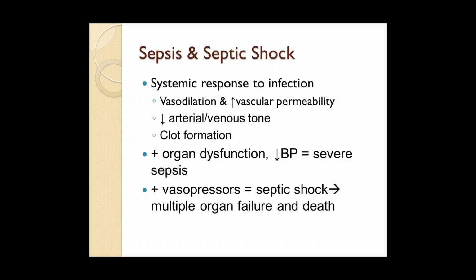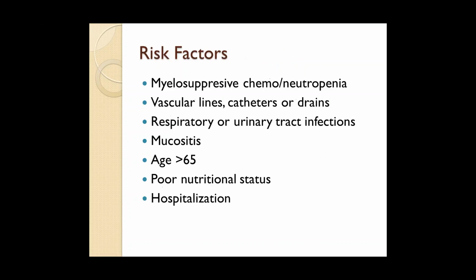As this sepsis progresses, vasopressor support may be indicated, indicating that the patient is in septic shock, which again, if left unchecked, may result in multiple organ failure and even death. Risk factors for sepsis include myelosuppressive chemotherapy that may result in neutropenia, and commonly seen in our patients, febrile neutropenia.